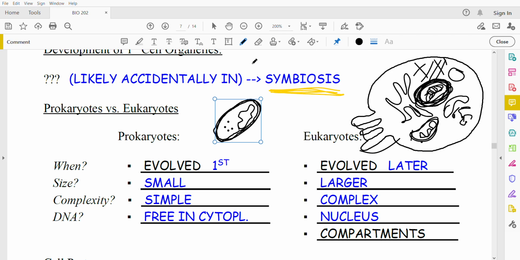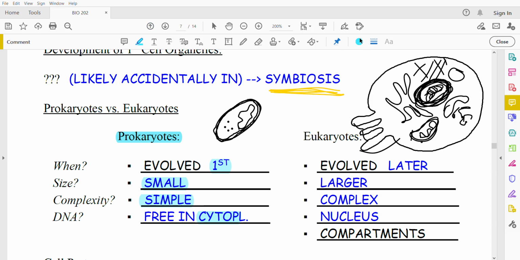So you want to be familiar with the similarities and differences between the prokaryotes and eukaryotes. Just quickly as a review again, prokaryotes are the first ones to evolve, smaller in size, much simpler, and the DNA is just floating free in the cytoplasm. We don't end up finding a nucleus in the prokaryotes.